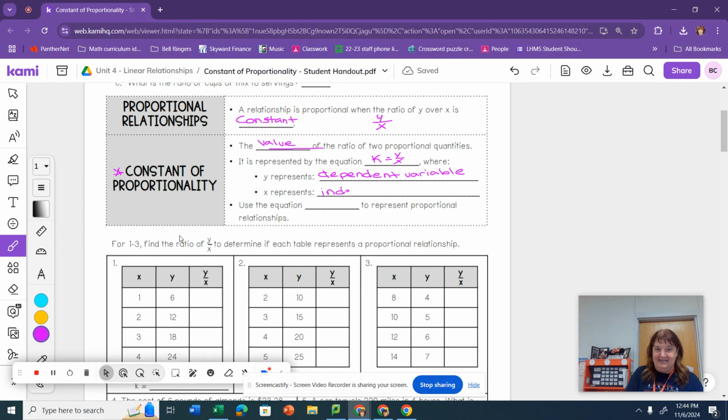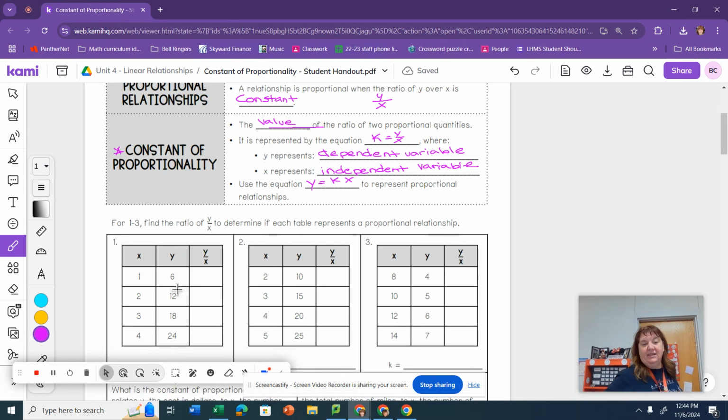Independent variable. You use the equation y equals kx to represent proportional relationships.